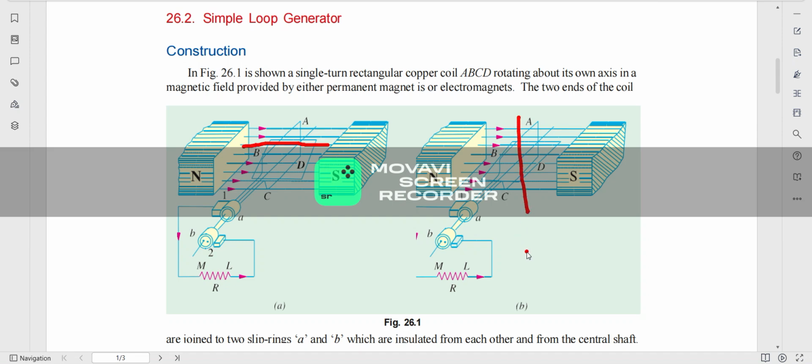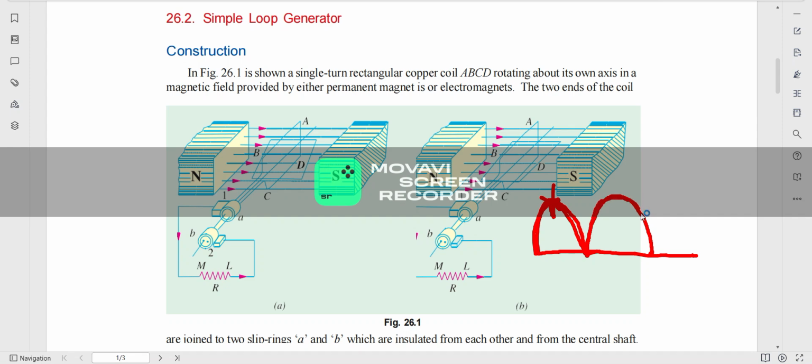The flux distribution you can see here. It will act like a sine wave: maximum, then 0, then going in the negative direction, and repeating the same. The magnitude goes high, is maximum at the vertical position, then comes back to 0, and repeats. Why is it coming like this?